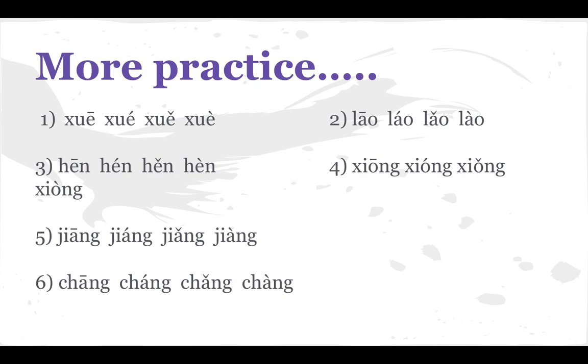I will just show you very quickly, and of course, you could check by yourself also. 学，学，学，学。捞，捞，老，老。很，很，很，很。凶，熊，熊，熊。Number 5, it's not a y, but j, jiang, jiang, jiang, jiang.